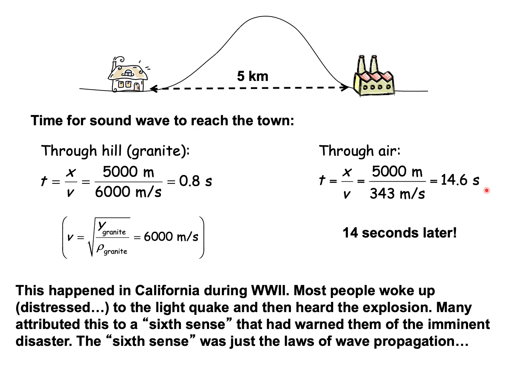Most people woke up distressed to a light quake. Then, on the order of tens of seconds later, they heard the explosion. Many people attributed this to a sixth sense, but in fact, what had really happened was just the laws of wave propagation, that the vibrations woke them up, having arrived first, traveling through solid ground, much faster than the sound.